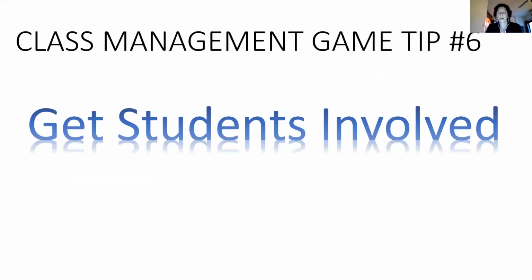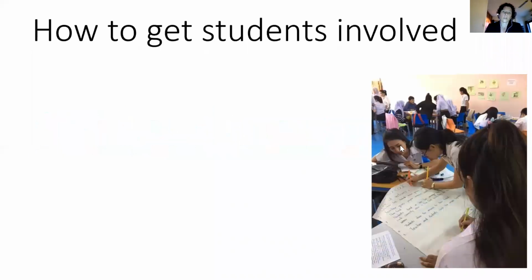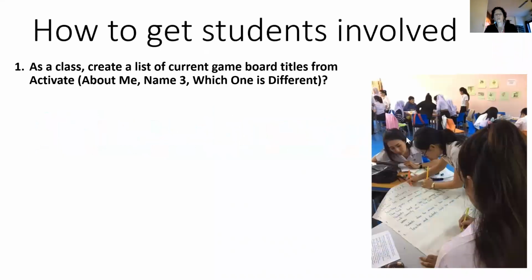And the last tip I wanted to give today is getting students involved. So I talked a lot about creating your own games, but another fun way to use games is to actually have your students design them. So a way that you can do that is first have your class create a list of the current game board titles from Activate.